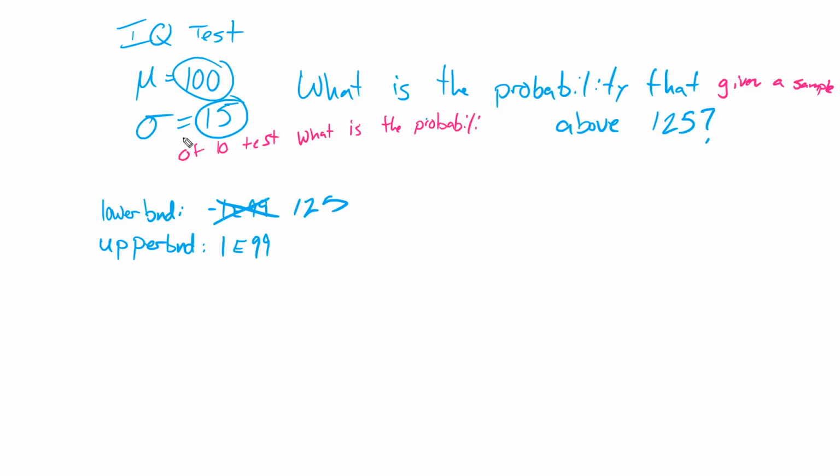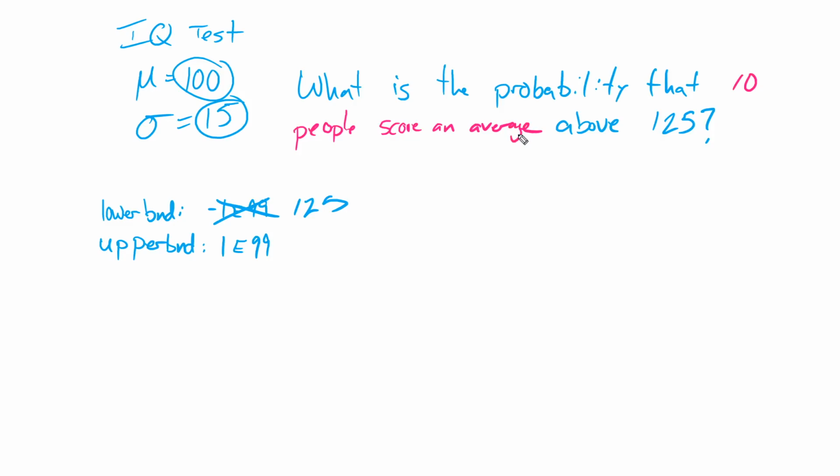I'm going to run out of room anyway, so here's the difference. We had, what's the probability that someone scores above a 125? Now, what's the probability that 10 people score an average above 125?